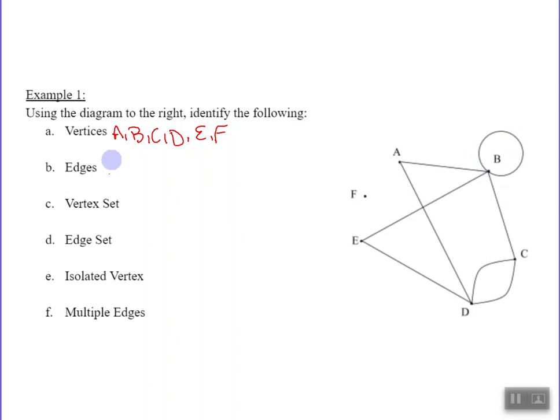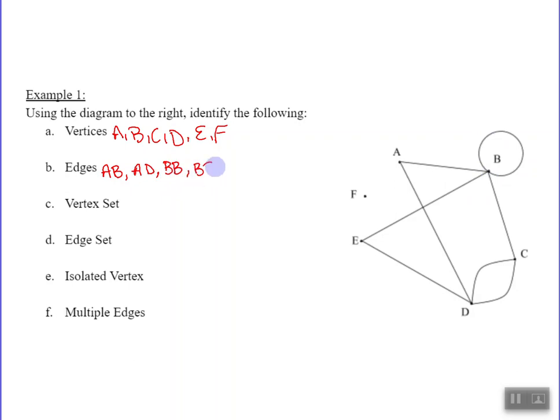So for edges, you would label them like you did in geometry. So we have the edge AB. There is a line that connects A to B. We also have AD. Then we have this loop here where B is connected to itself.